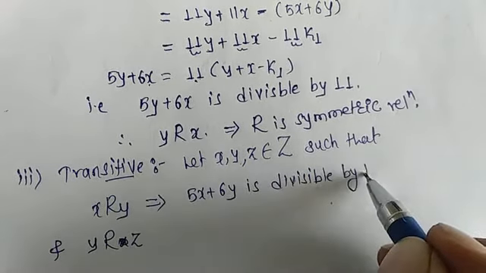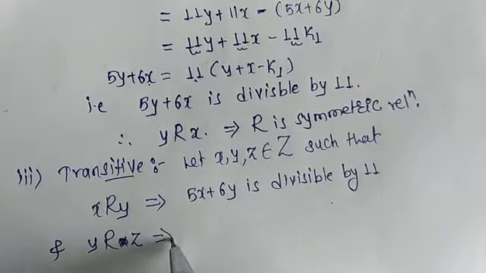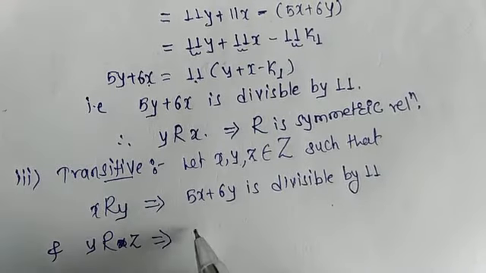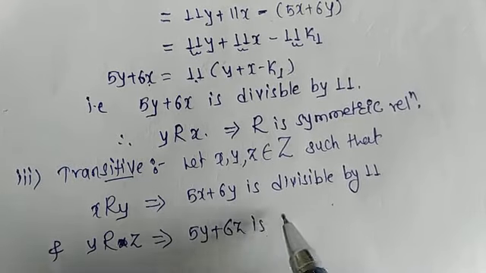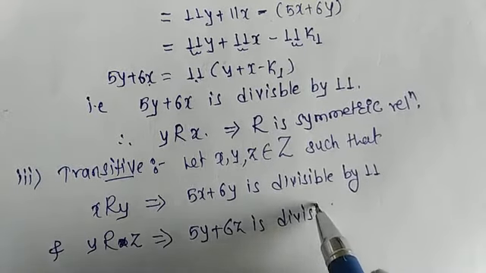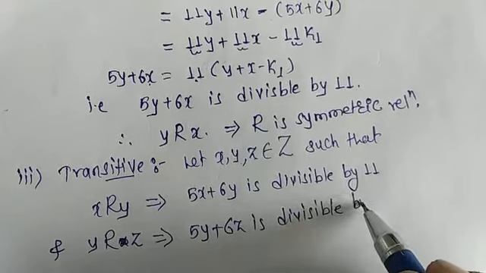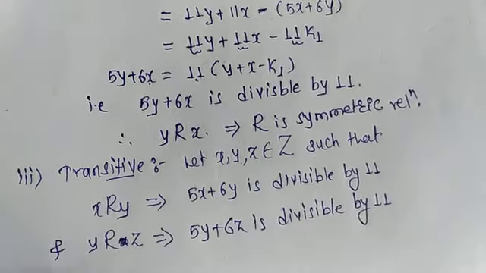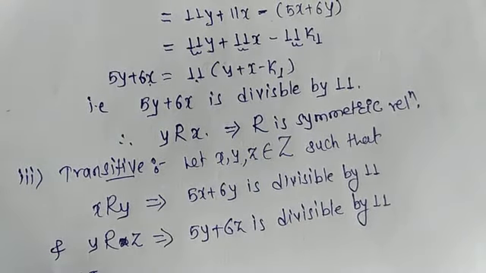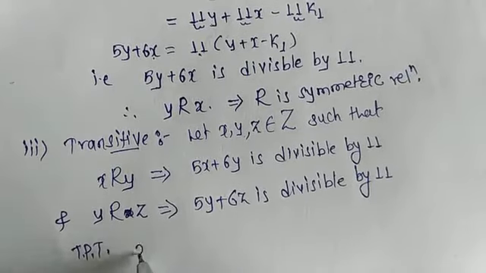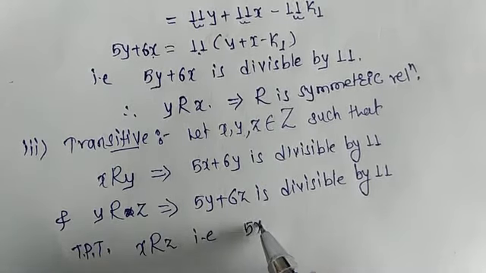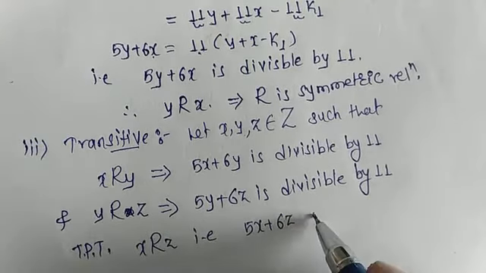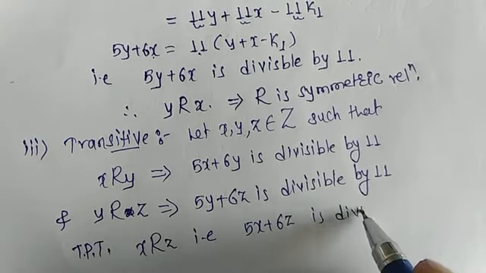And y related to z means 5y plus 6z is divisible by 11. And we have to prove that x is related to z, that is, 5x plus 6z is divisible by 11.